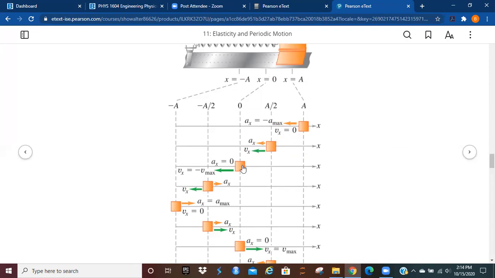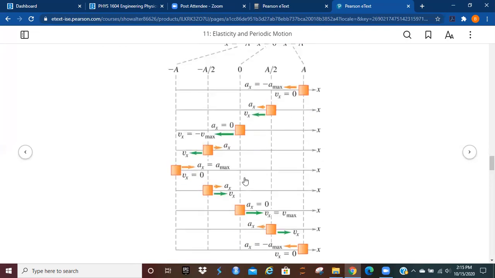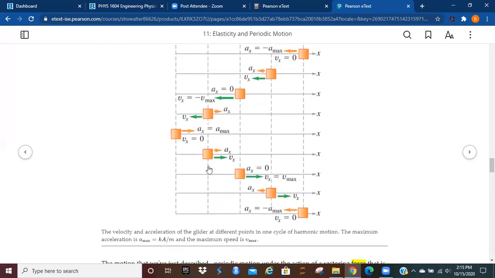As you get towards 0, the velocity is going to be headed in this direction, which, with magnitude and direction, is going to be at its maximum here, but in the minus direction. The acceleration here is 0 because there's no net force at that point. As you go through here, the acceleration begins to push the object this way. However, there's enough velocity for it to continue to move in this direction.